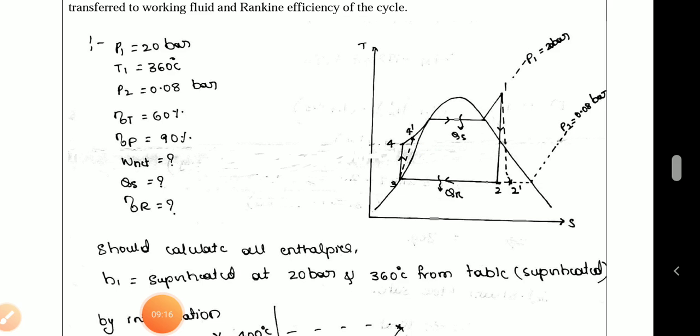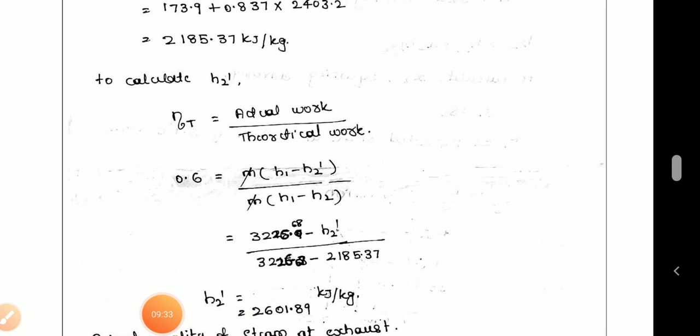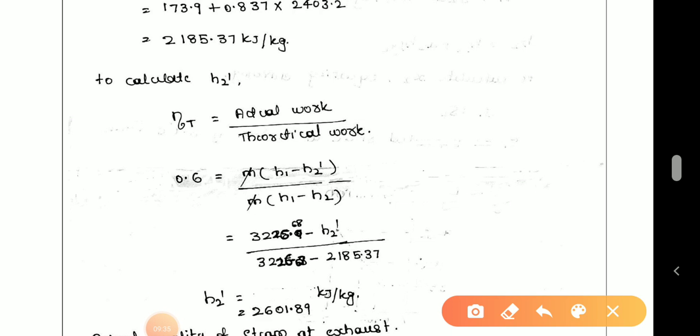Next, what we have to calculate is H2 dash. To calculate H2 dash, the turbine efficiency is given. Using the turbine efficiency we can calculate the H2 dash enthalpy at state 2 dash. For the turbine, efficiency is equal to actual work divided by theoretical or ideal work, and the efficiency of the turbine is 60%, 0.6.